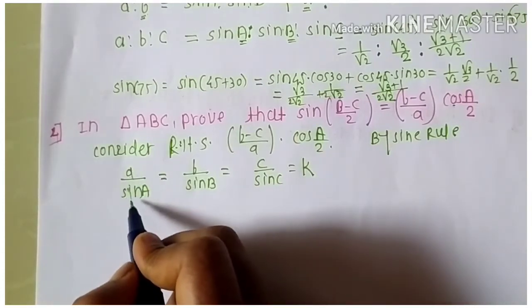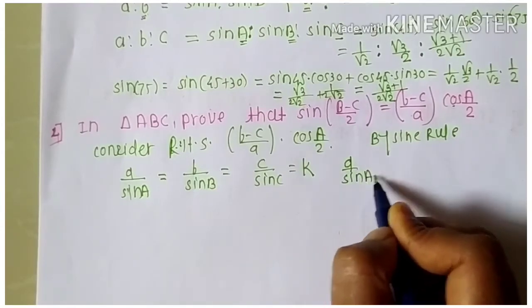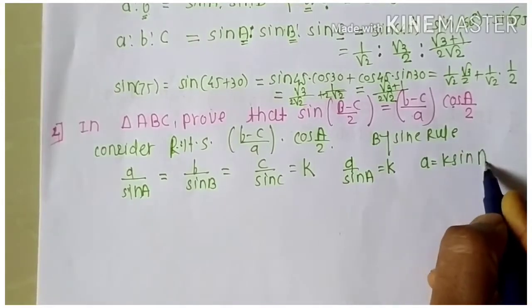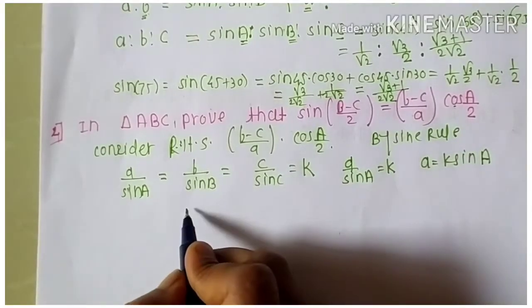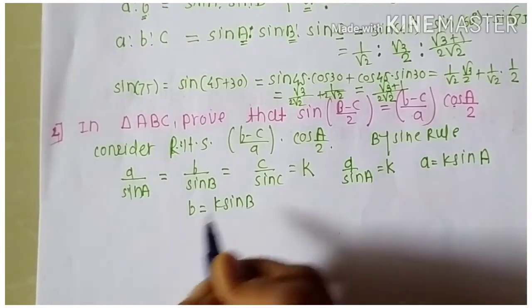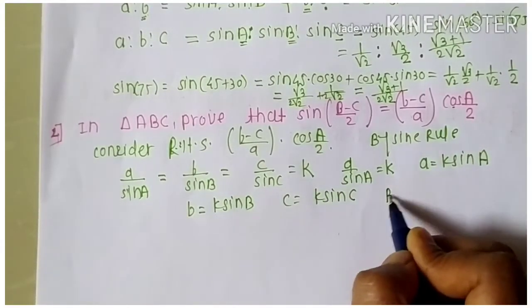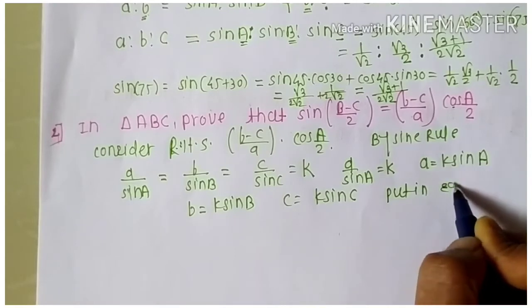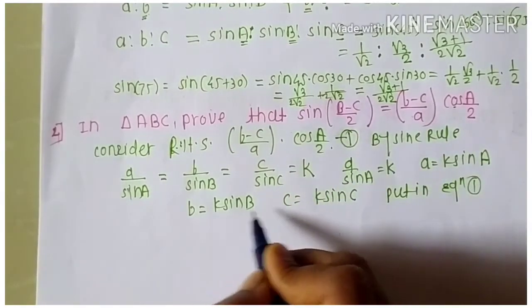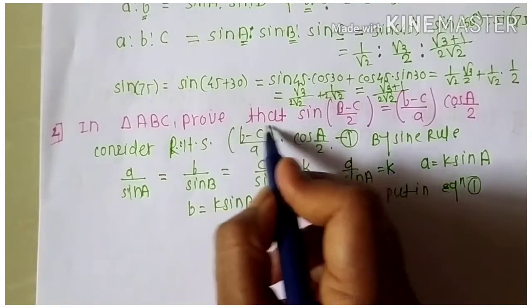From that we get A is equal to K sine A, B is equal to K sine B, and C is equal to K sine C. Then we put these values in, suppose we call this equation 1. We put the small a, b, c values in terms of sine A, sine B, sine C in equation 1.